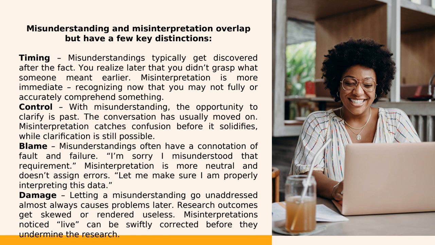And damage. So when you talk about the scale of the damage between those two, misunderstanding and misinterpretation, you have some of the key data here. So in the damage context, misunderstanding is always more problematic.